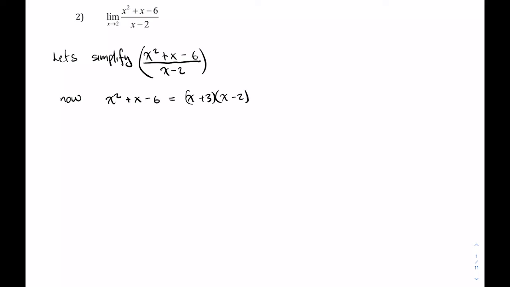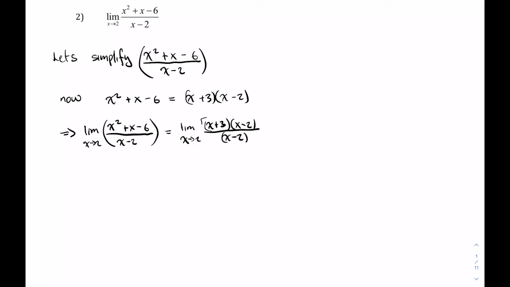So this means that the limit as x approaches 2 of x squared plus x minus 6 over x minus 2 is actually equal to the limit as x approaches 2 of x plus 3 times x minus 2 divided by x minus 2.